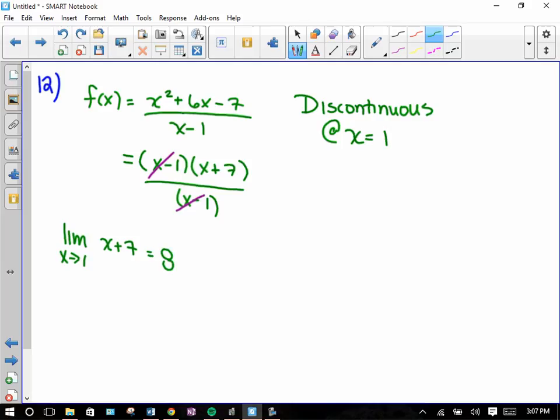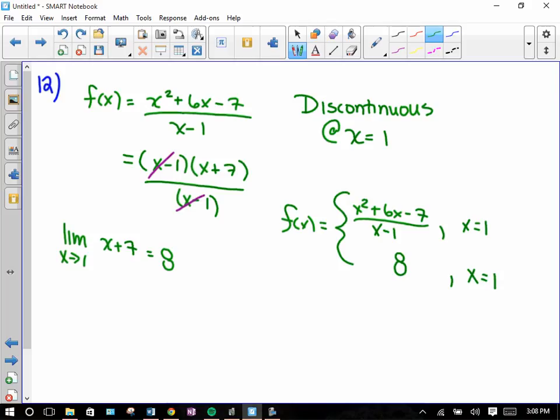So my extended function would be x squared plus 6x minus 7 divided by x minus 1 when x is not equal to 1, and equal to 8 when x is equal to 1.